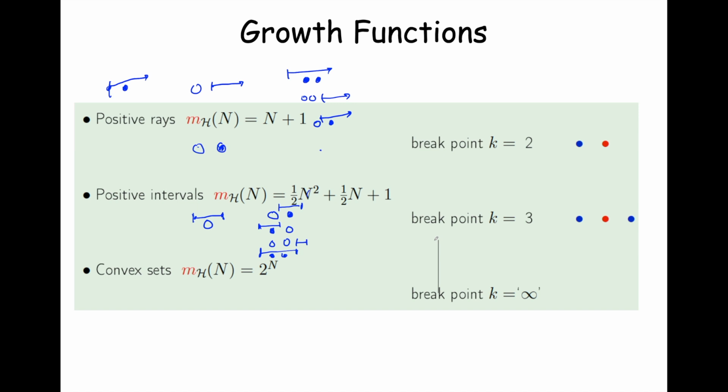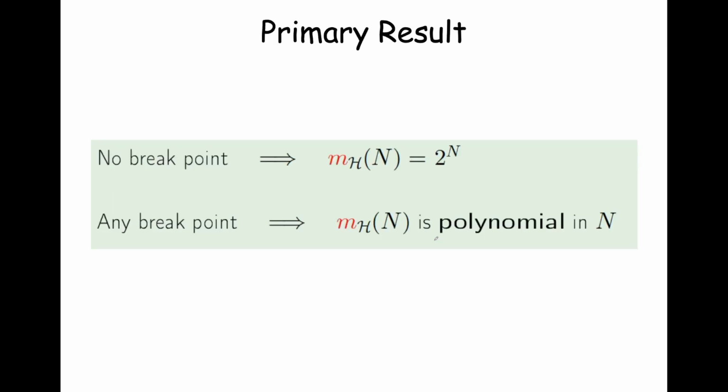And so we can use this idea of a breakpoint to talk about a notion of the expressiveness and therefore a notion of the counts, the size of each one of these hypothesis sets. The primary result says that if there's no breakpoint, the growth function of the hypothesis set is exactly 2 to the n.